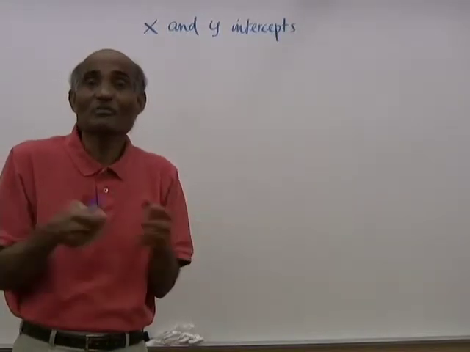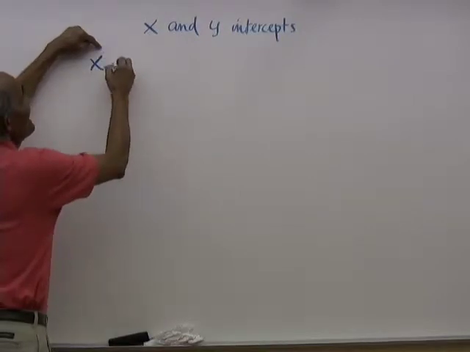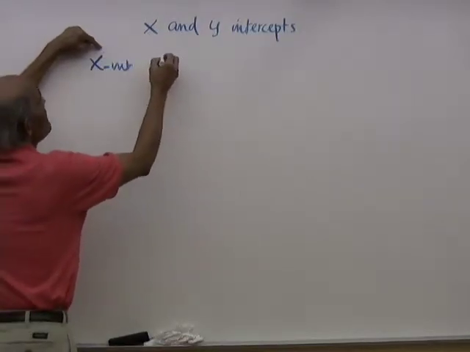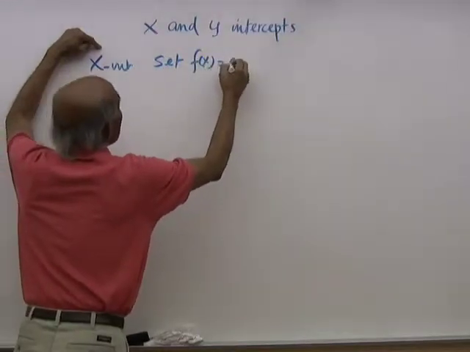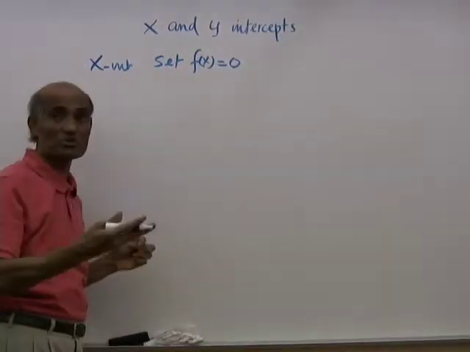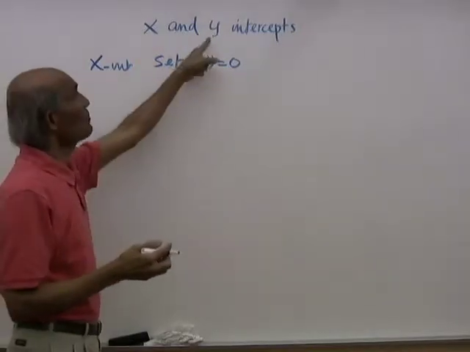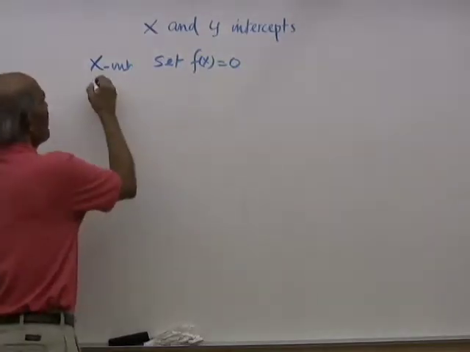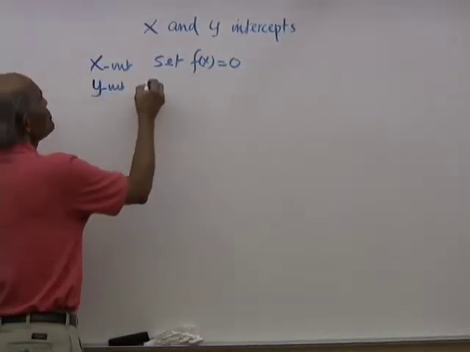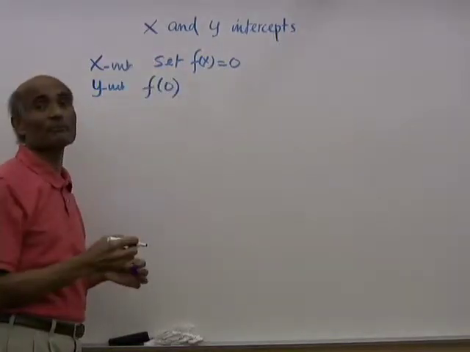Along the x-axis, y equal to 0. So, to obtain the x-intercept, we set the function f of x equal to 0 and solve for x. And that's how you get the x-intercept. And the y-intercept is where x equal to 0, or the y-intercept is f of 0.